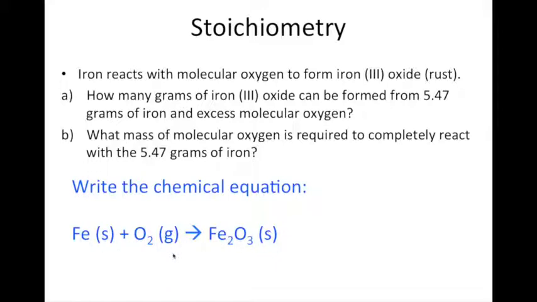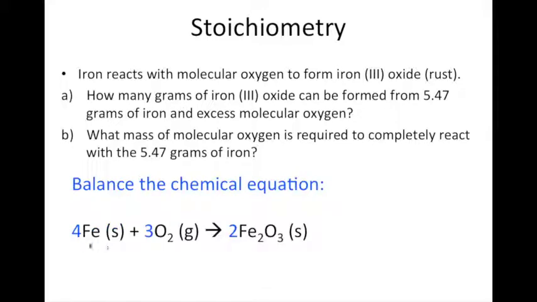Now this chemical equation is not balanced. We have 1 mole of iron over here and 2 moles of iron on the product side, so we know it's not balanced. So we can balance this equation, and now we have a balanced chemical equation, which gives us the ratio of the amounts of these compounds and atoms that they'll react.